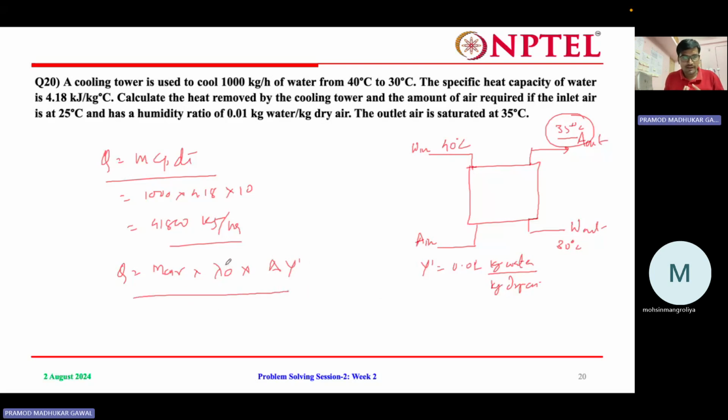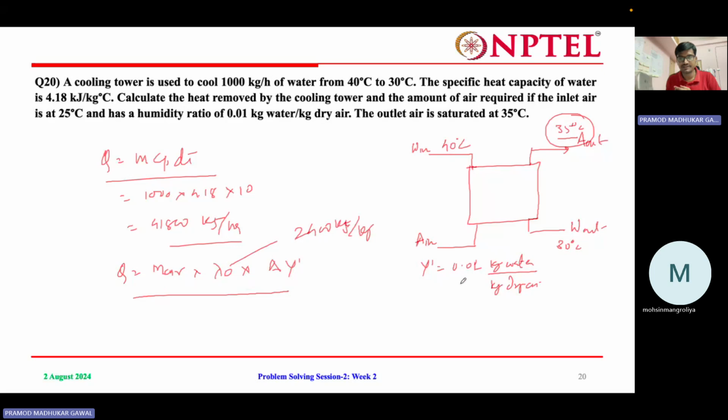The latent heat of vaporization is 2400 kilojoule per kg. The unit is the same, right? To calculate this difference, we know the final and initial condition.